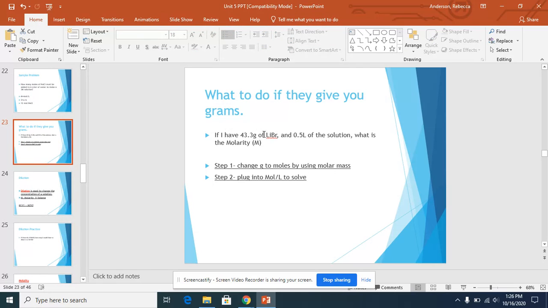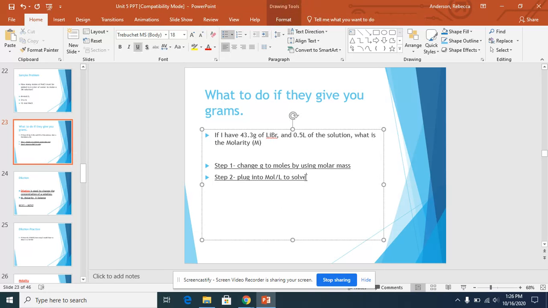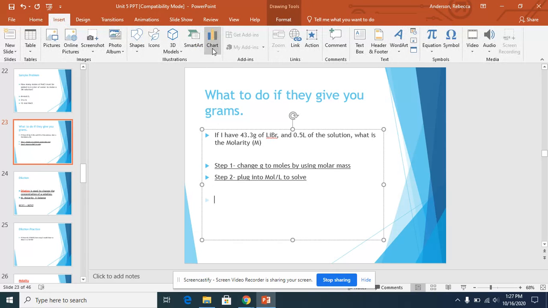If I have 43.3 grams of LiBr and 0.5 liters of the solution, what is the molarity? Well, first, this is basically like a one-step stoichiometry problem. So I'm going to make my railroad tracks.